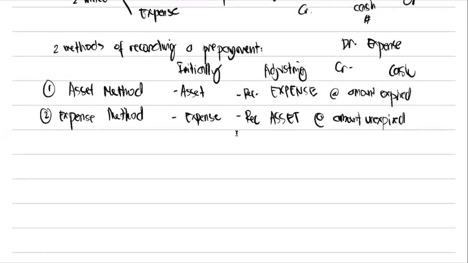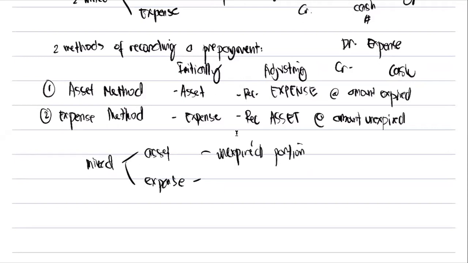Okay, so again, based on your mixed account, we have either asset or expense. The asset is represented by the unexpired portion, and the expense is represented by the expired portion.